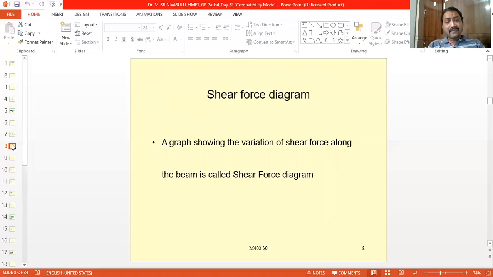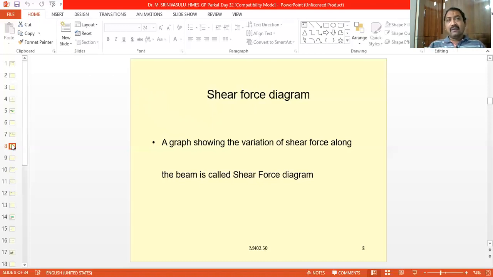So a shear force diagram will show the distribution of the shear force acting along the length of the beam. If you take the total length of the beam from one end to the other end, it may be a cantilever, or a simply supported beam, or a fixed beam, or any kind of beam.